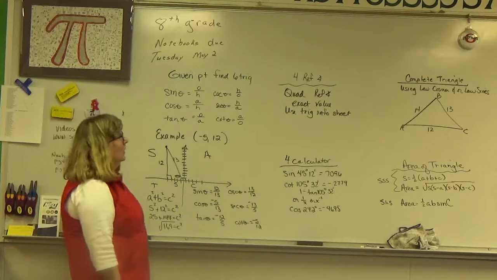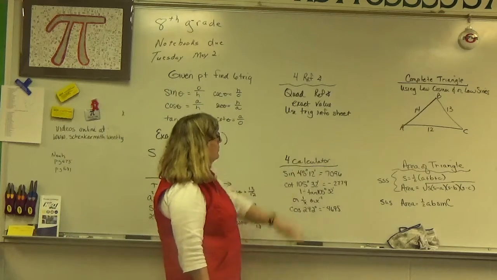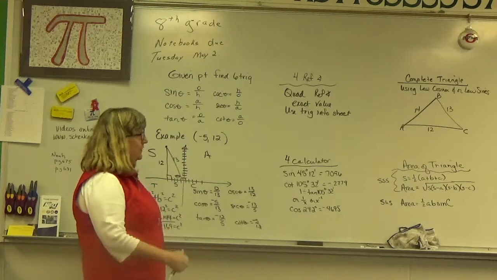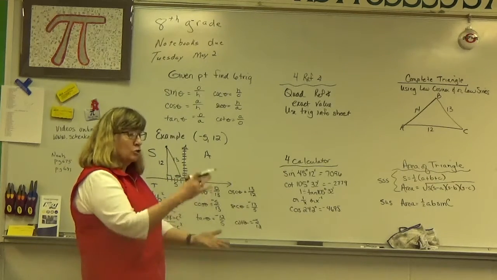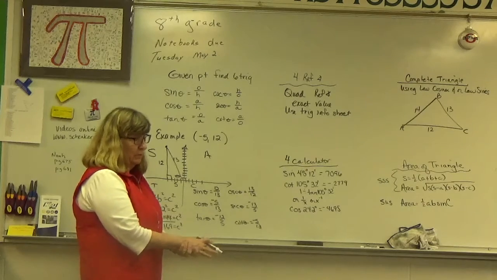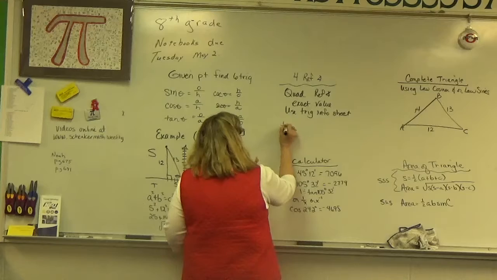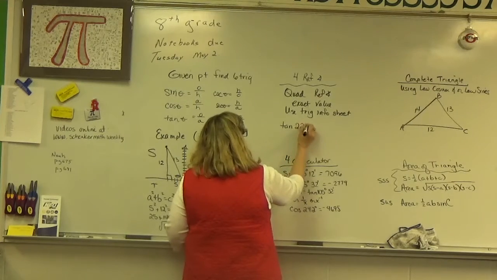Okay, the next, there are 4 reference angles. You've got to be able to state the quadrant, the reference angle, and the exact value. And this is where you want your trig information sheet out. So let's say I want the tangent of 225 degrees.